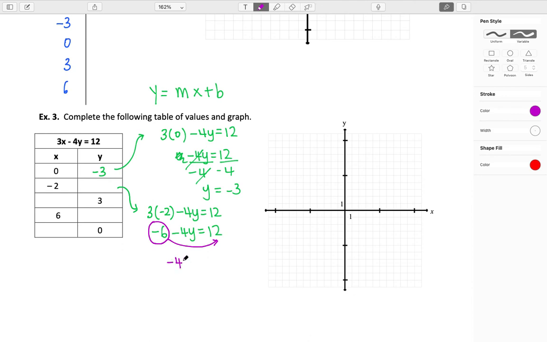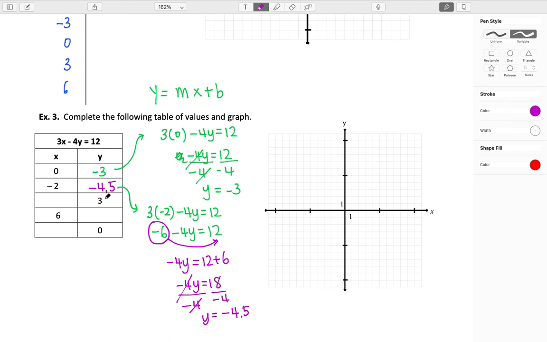So on my left side, -4y equals 12 plus 6. And then we're going to divide both sides by -4, whatever is in front of y. Therefore, y is equal to -4.5. I'm going to write it in decimal so that it will be easier to see when I graph it. So -4.5.